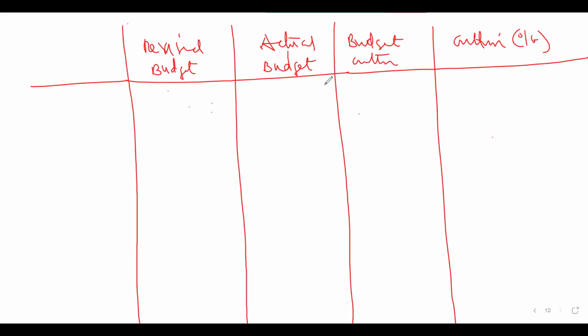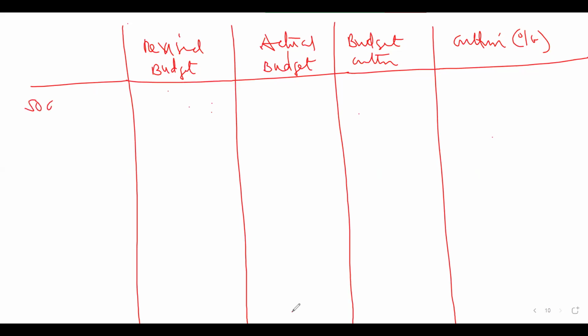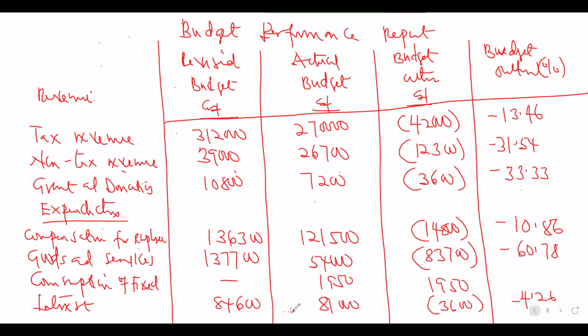Okay. Let's count to social benefit cost. So we have the social benefit cost. Revised will be how much? 3,300.